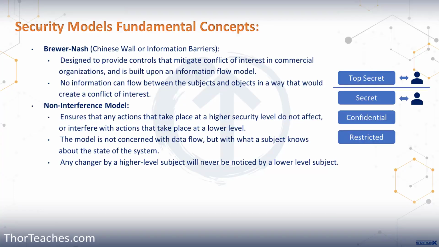It does not care about the data flow. Its only focus is on what a subject knows about the state of the system. Any changes made at a higher level should never be noticed by someone who has only access to a lower level. Each level of clearance is clearly siloed off from any other.